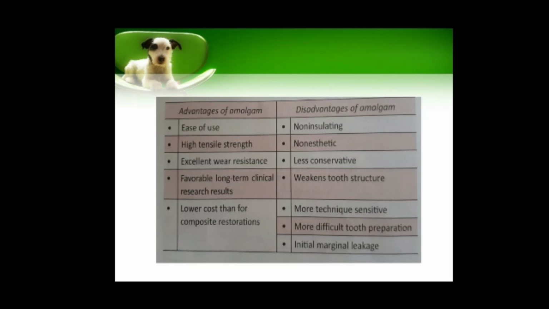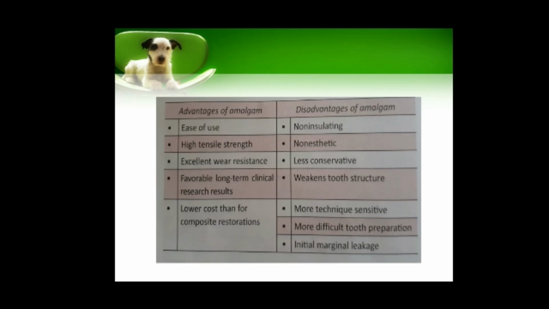Advantages of amalgam include that it is easy to use, has high tensile strength, excellent wear resistance, favorable long-term clinical research results, and is lower cost when compared to composite restoration.